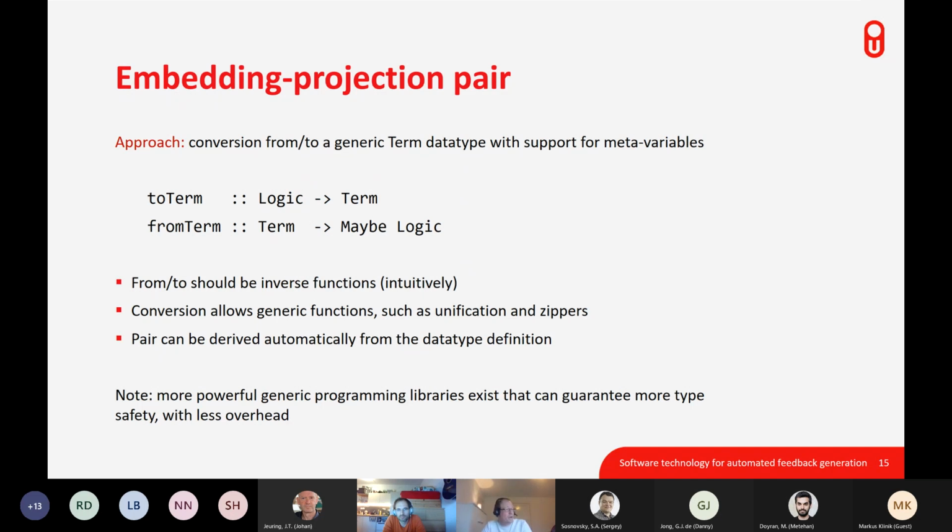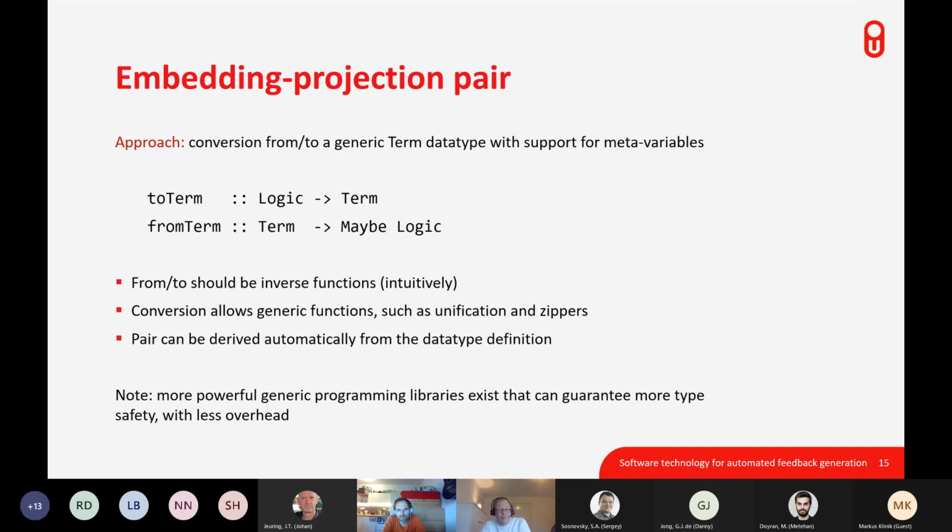And the trick that we are now going to do is we are going to define all kinds of interesting functions on this term data type. And because of the 2 conversion functions, we can also lift this functionality back to our, in this case, our logic data type. I don't have to write these two functions by hand. They can be derived automatically from the data type generation using standard Haskell technology.